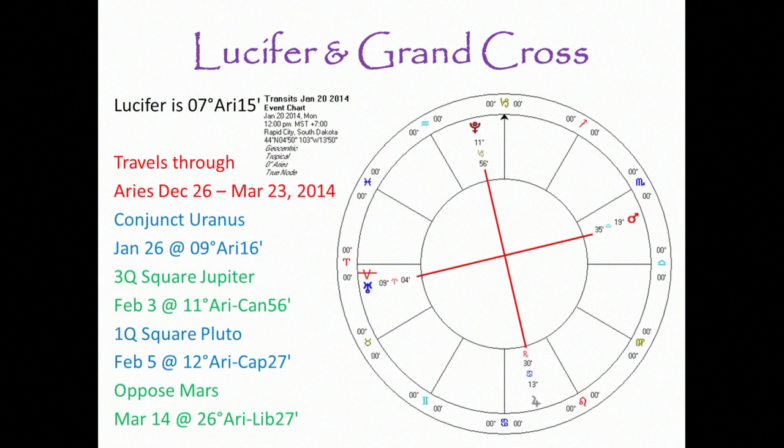So Uranus rules electricity, Aries rules fire, warmth. We're like, oh, I was pondering this all day. So we got to figure out what we've got going on here. We've been having some electrical things happening in our house.